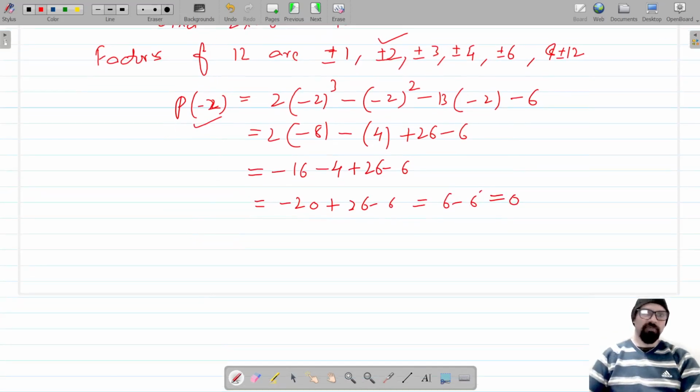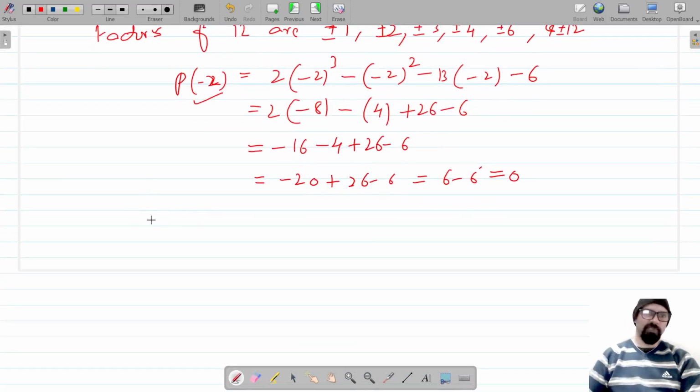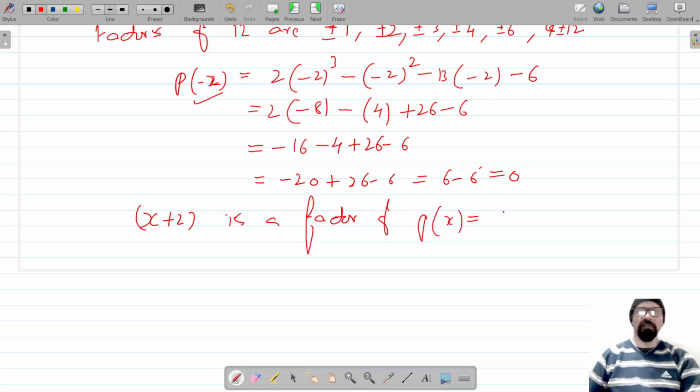So that means we have put negative 2 and this value comes out to be 0, which gives us that x plus 2 is a factor of p of x, which is 2x cube minus x square minus 13x minus 6.